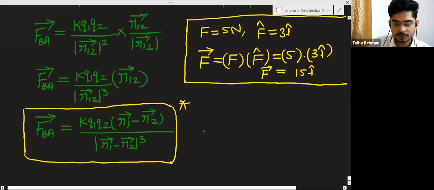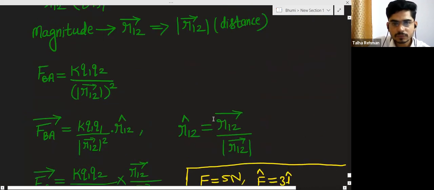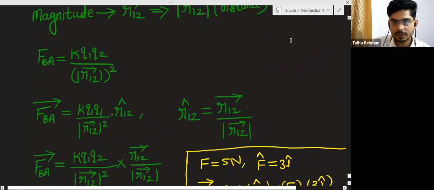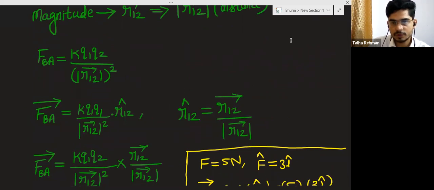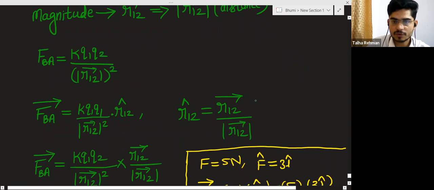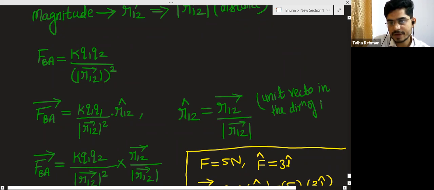You can write here: unit vector in the direction of F_BA.